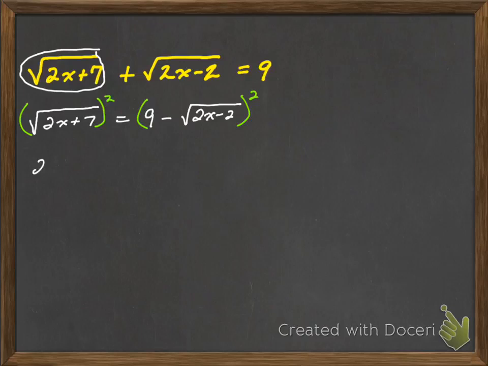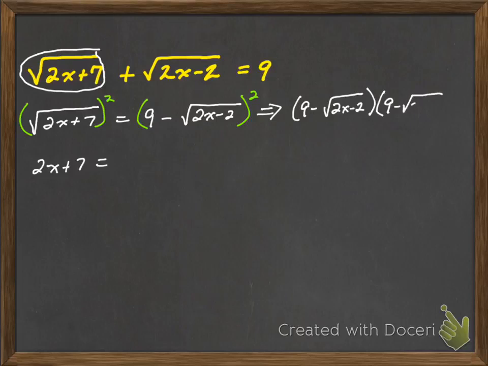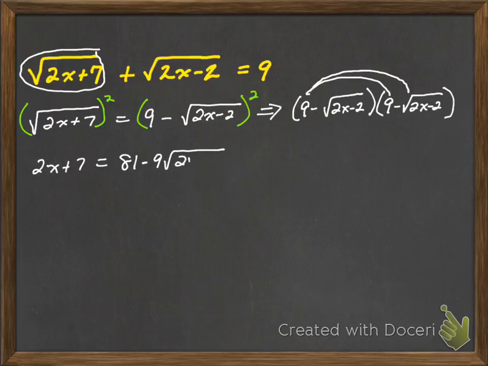So squaring the left, that gives us 2x plus 7. Now, when you square the right, what that means is that we are multiplying 9 minus the square root of 2x minus 2 times 9 minus the square root of 2x minus 2. So think about foiling this out. 9 times 9 is 81. 9 times the negative square root gives you -9 square root 2x minus 2.